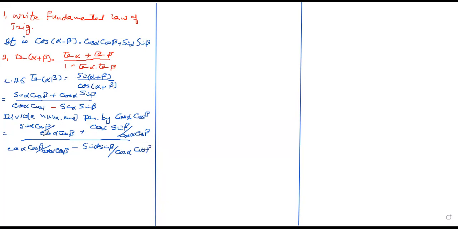Now just see, this cosine beta got cancelled, this cosine alpha got cancelled. So this is sine alpha over cosine alpha plus sine beta over cosine beta, and the denominator is 1 minus sine alpha over cosine alpha times sine beta over cosine beta.